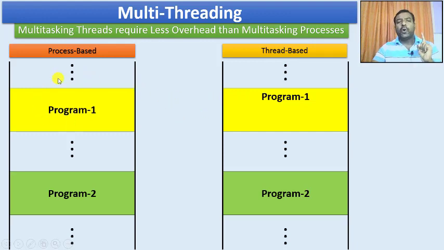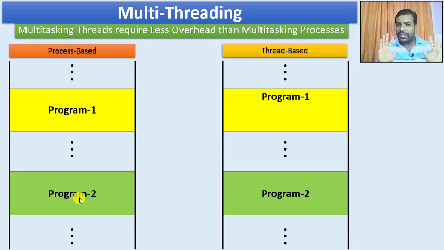Whenever we talk about process based, I'm going to have program 1 and program 2, and both are totally different entities. There is no dependency between these 2 programs, not even for a slight reason.